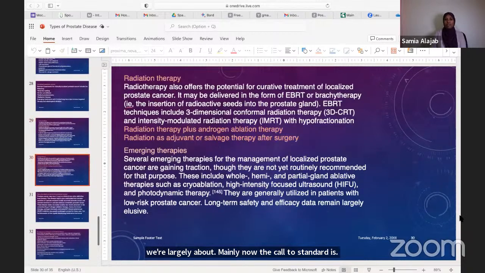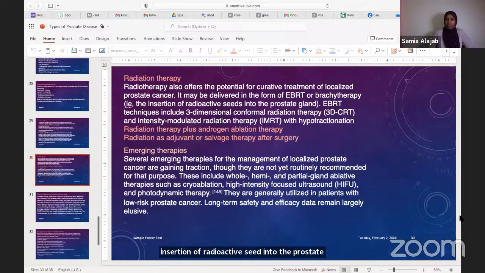Radiation therapy offers potential for curative treatment of localized prostate cancer. It may be delivered as external beam radiation therapy or brachytherapy, which is through insertion of radioactive seeds into the prostate gland.